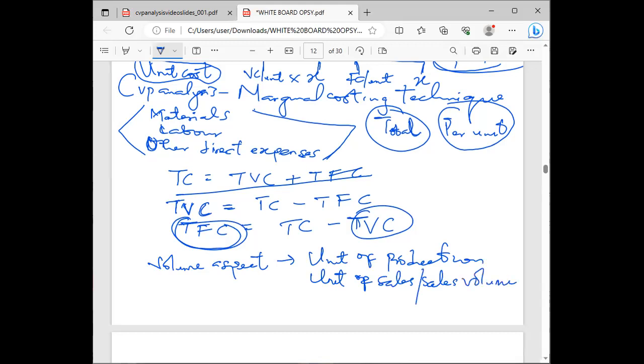And it is usually represented by the variable Q. Sometimes you see in most textbooks Q, sometimes they will use X. That's to denote the unit that was produced and sold. When you get to other topics like limiting factor, you'll be hearing the words unit produced and sold, annual demand, maximum demand. All these are a representation of this X, or what we can term Q. They are representation of the volume of activity.